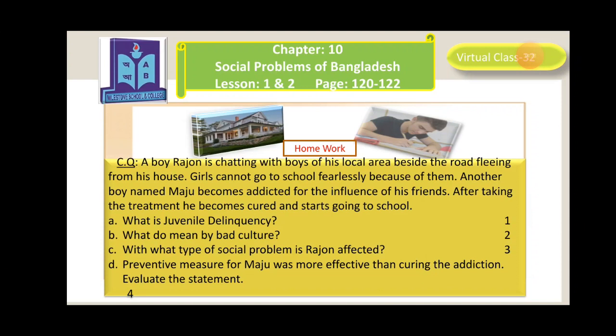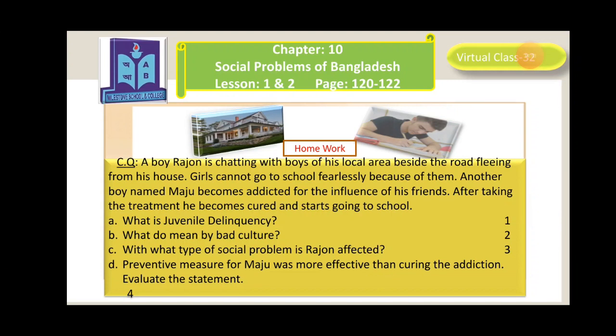Girls cannot go to school fearlessly because of them. Another boy named Maju becomes addicted through the influence of his friends. After taking treatment, he becomes cured and starts going to school. So that was the STEM part.